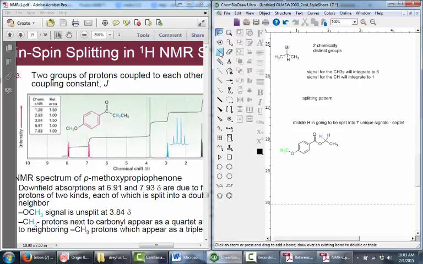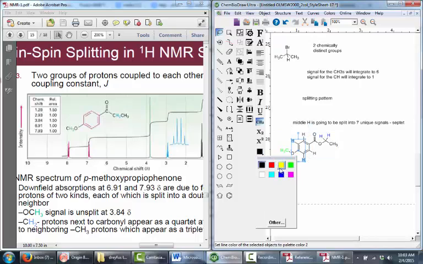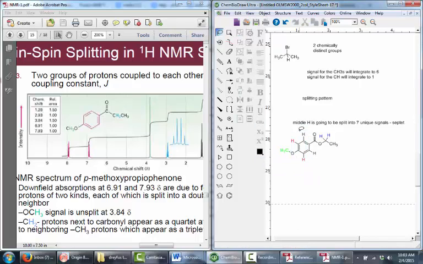If I now look into this para-substituted aromatic ring, what I'm going to see is that I have 2 sets of chemically equivalent protons. And that's always going to be true for para-substituted rings. We're going to make these guys red, and these guys purple.